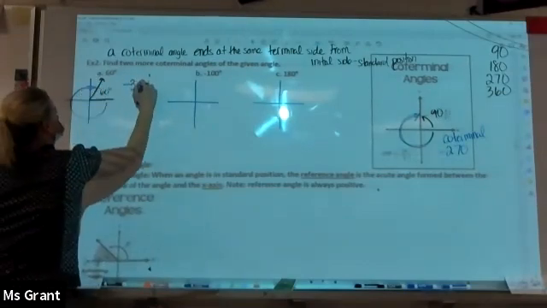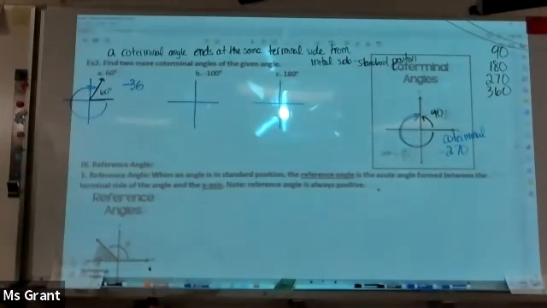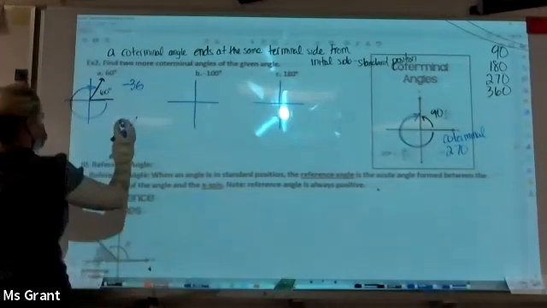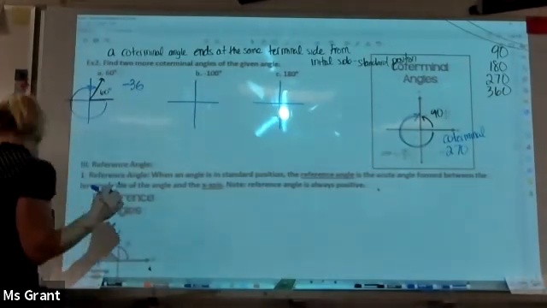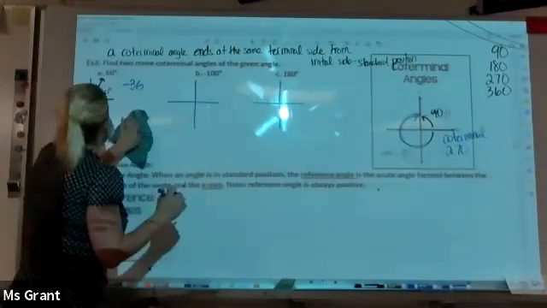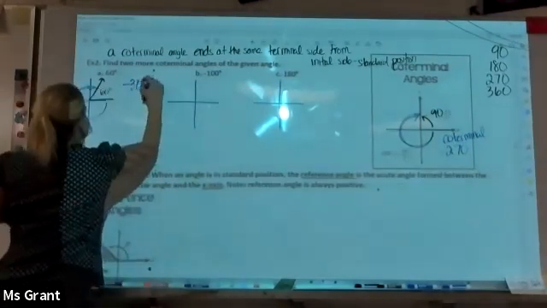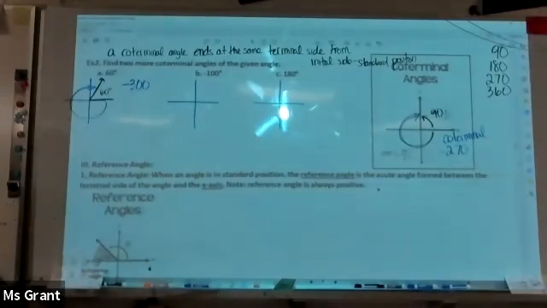Negative 360. Oh, 360. Negative 300, sorry. Negative 300. Right?